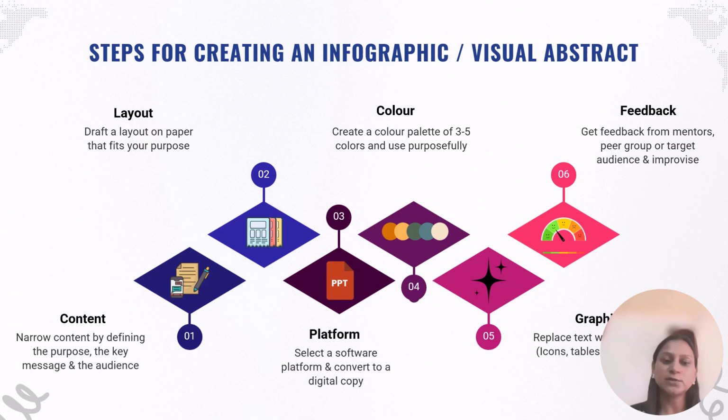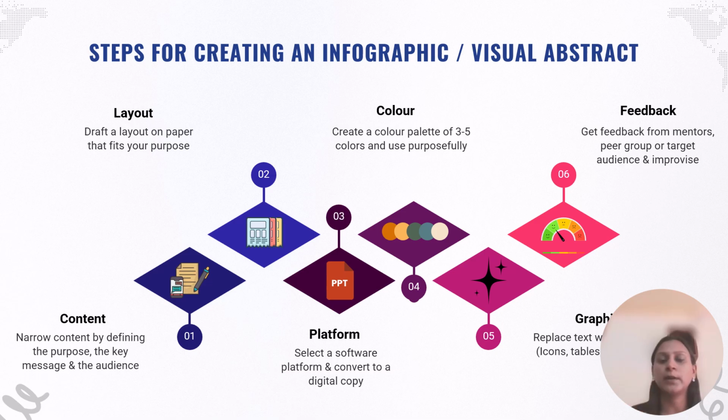Third, select a software platform and convert it to a digital copy. So whatever you've put on paper, use a platform of your choice. I usually use Microsoft PowerPoint. Someone who's using a Mac might be using Keynote. So use the platform of your choice and convert it into a digital copy.